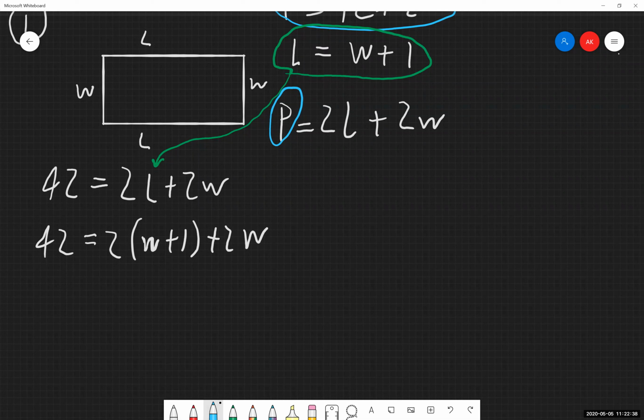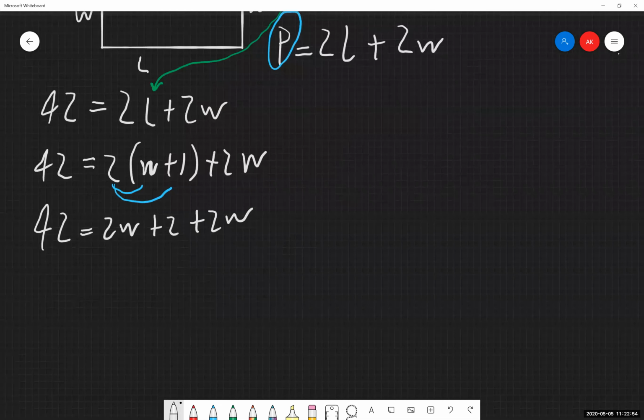So I have 2 times the quantity w plus 1. This is now just a mechanical problem using our 3.5 material. So we're simplifying both sides of the equation, combining like terms as necessary. I can combine the w's together.